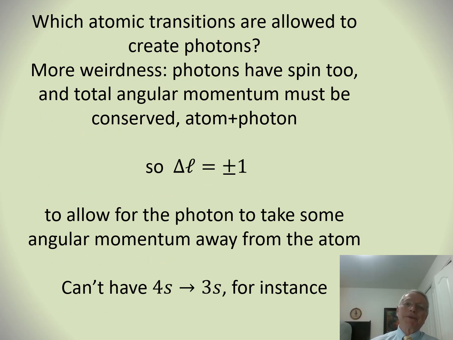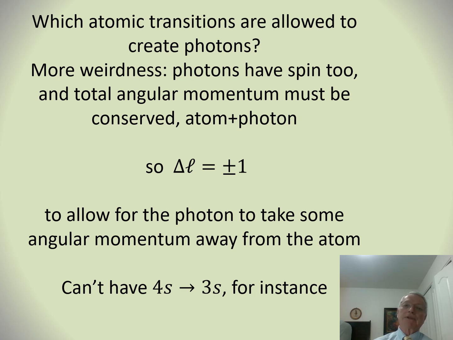Now here's another piece of funny business that happens with the emission of light from atoms. So far, it looks like if you were in an excited energy level, that you could drop to any lower energy level you like and emit a photon.